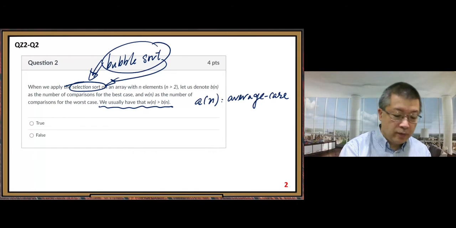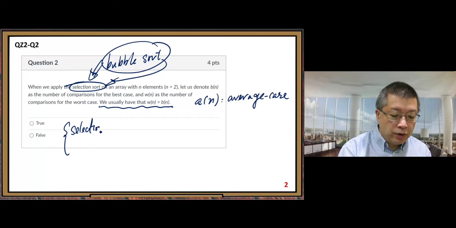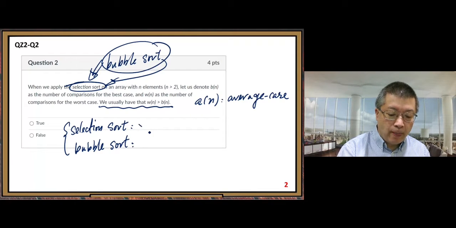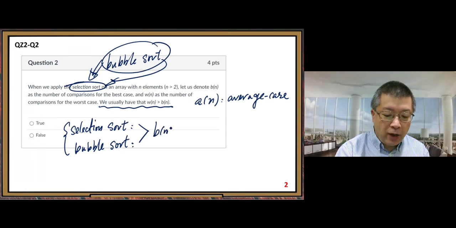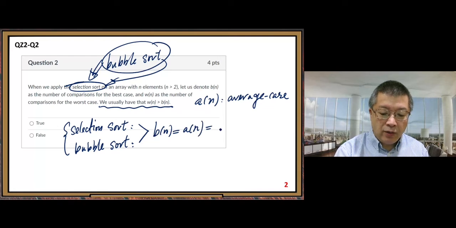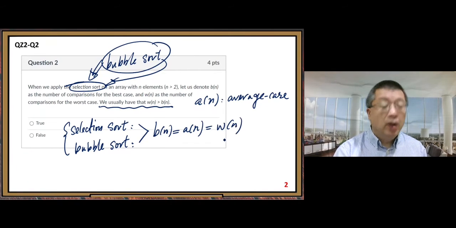For selection sort and bubble sort, they are all equal. So let me write this way. Selection sort, bubble sort, they share the same property: B of n equals A of n equals W of n.